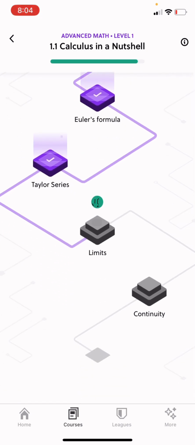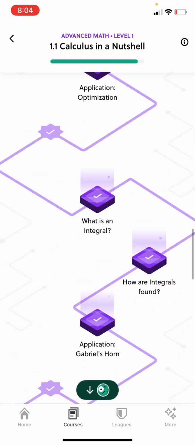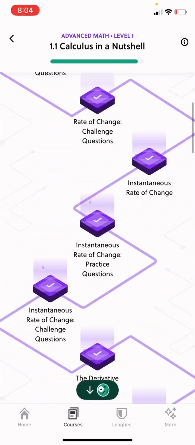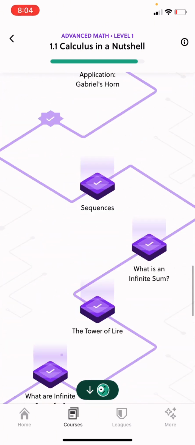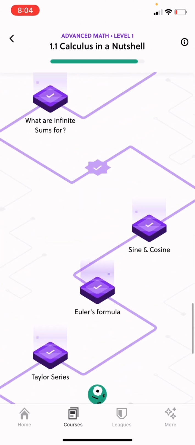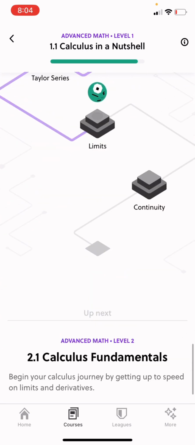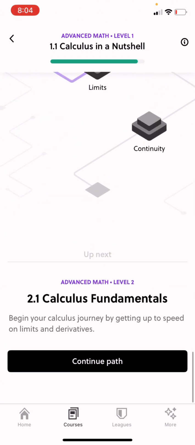And I will be doing another video on limits and concatenating. I started this a while ago and finished all of these, and I still only have 2 more. I started making videos on sine and cosine, so I thought it would be nice, and now I only have 2 more to go. And next is going to be calculus fundamentals, which is probably going to be much more challenging, but I haven't really seen what it would be like.